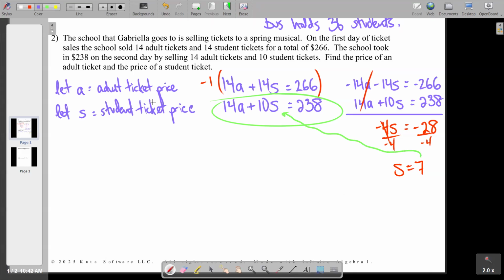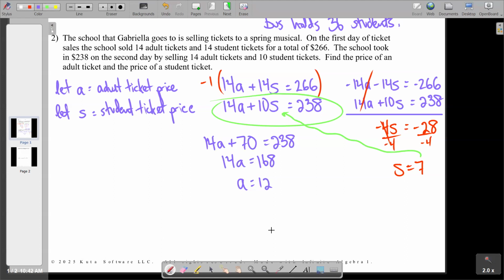And it's going to say 14A plus 70 equals 238. Next step, minus 70. Subtract that 70 across to the other side, and you get 168. And then divide 168 by 14, and I think you get 12.